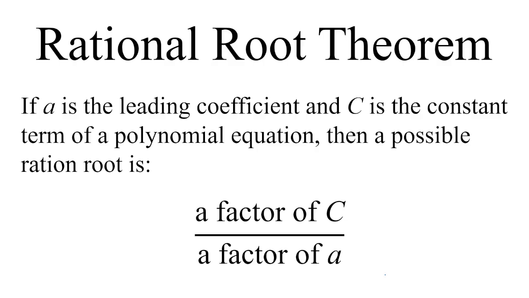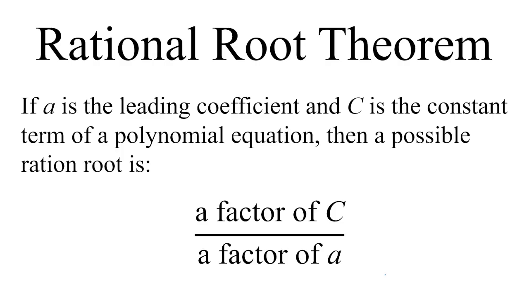Then we have the rational root theorem. If a is the leading coefficient and c is the constant term of a polynomial equation, then a possible rational root is a factor of c over a factor of a.